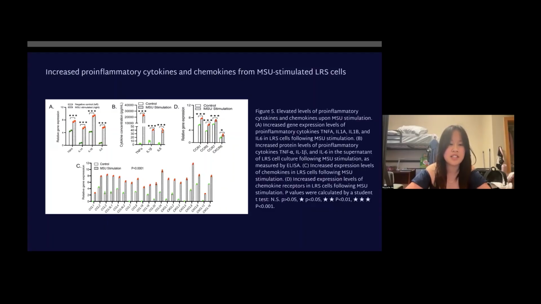Plot C shows the different genes for all the CCL groups and CXCL groups, and they've basically all increased significantly after MSU stimulation. Those were calculated with a p-value of less than 0.0001. And plot D shows the gene expressions of the CCR genes.